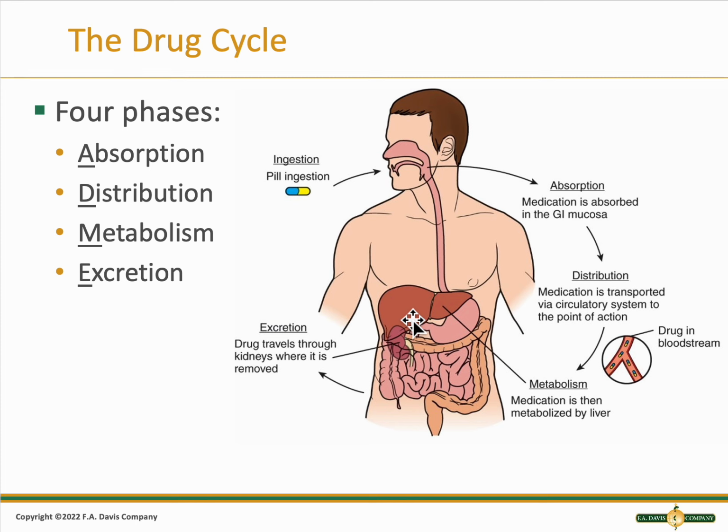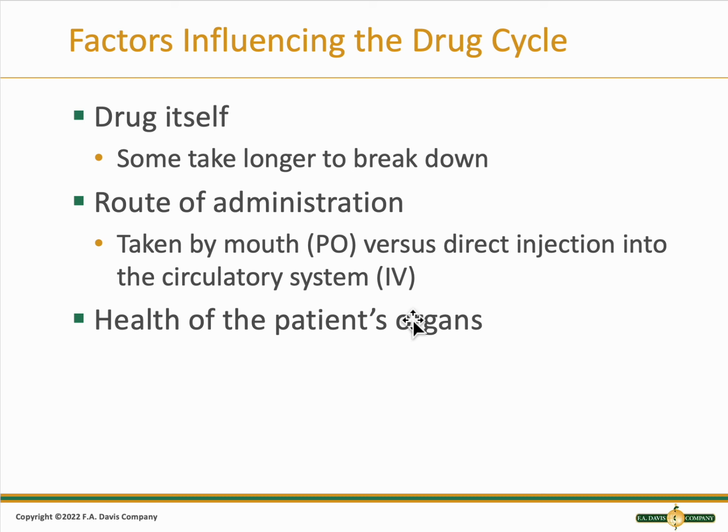That means maybe you have to take it every 4 hours, instead of drug A where you had to take it every 3, 4, 5 days, right? So the rate at which the liver breaks down a drug is important in dosing, which is, again, how often you take it.